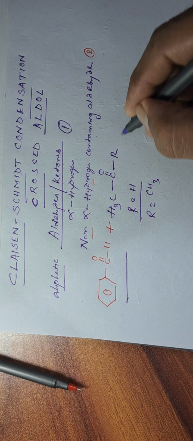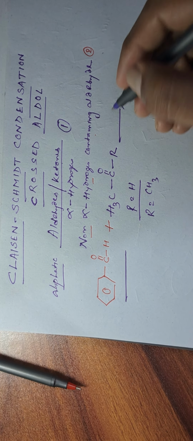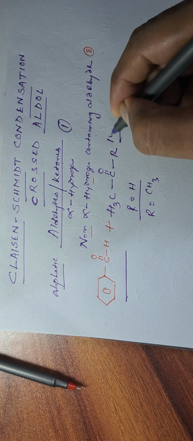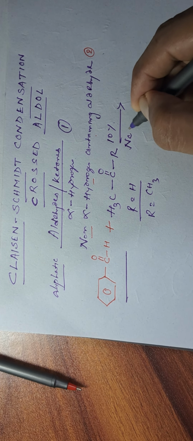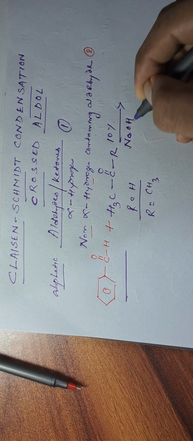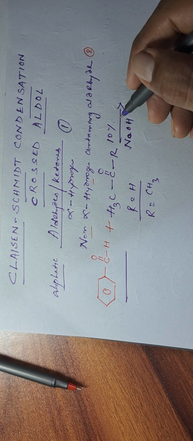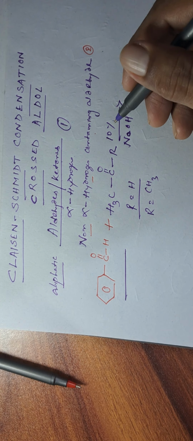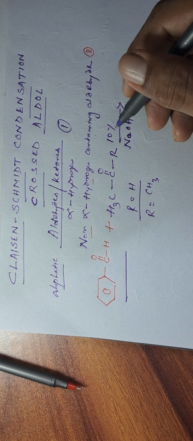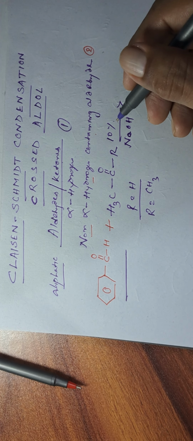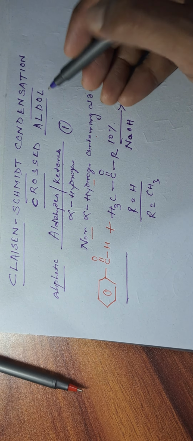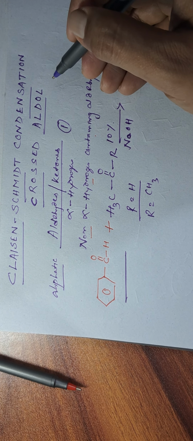Now once the reaction is on, let me tell you one thing. Here we need to take what? We need to take 10% NaOH. That is found to be another essential requirement, right? Now make sure that it must always be 10%, right? If you are taking a concentrated sodium hydroxide or a strong base, and that too a concentrated one, at that time what will happen, instead of getting cross-aldol condensation, the Cannizzaro reaction will occur.